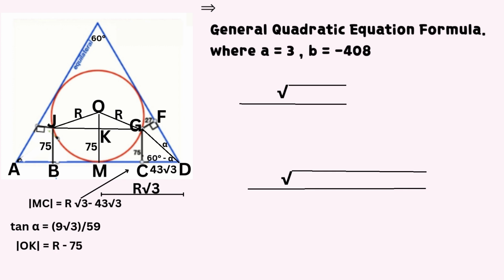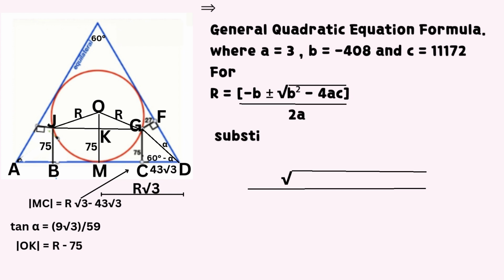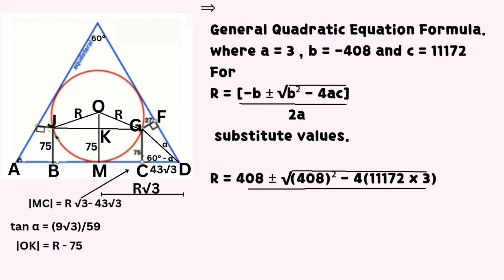Use the general quadratic equation formula, where A equals 3, B equals negative 408 and C equals 11172. R equals negative B plus or minus the square root of the square of B minus 4 times the product of A and C, all divided by 2 times A. Substitute values and we have that R equals 98 or 38, after simplification.